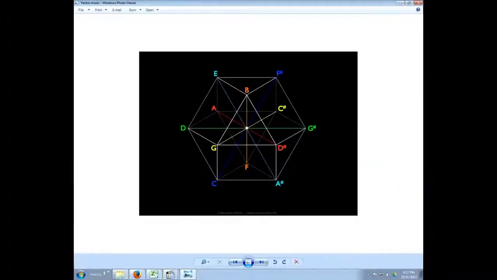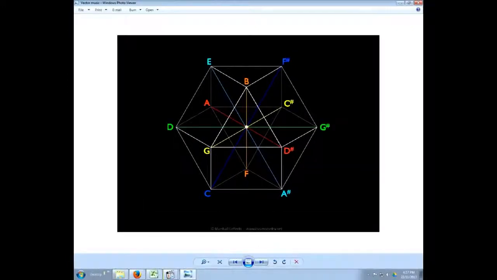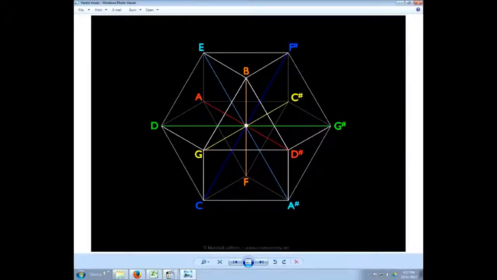I would like to give you a few more pieces of information about this symbol. This symbol is a perfect representation of a geometry called the vector equilibrium. It was discovered by a famous architect in the 70s, Buckminster Fuller, who found that this was the perfect geometry of balance, because every vector is counterbalanced by an opposite vector going in the opposite direction.